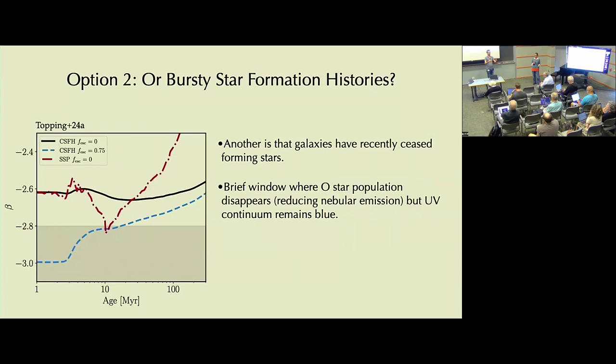Then you have to explain how you have a reddened UV continuum, with some dust and gas along the line of sight, but also sight lines where the leakage is getting out. That's plausible, but that's one thing that we've said might push more into the star formation rate downturn interpretation. But you're absolutely right that the leakage is an interpretation.